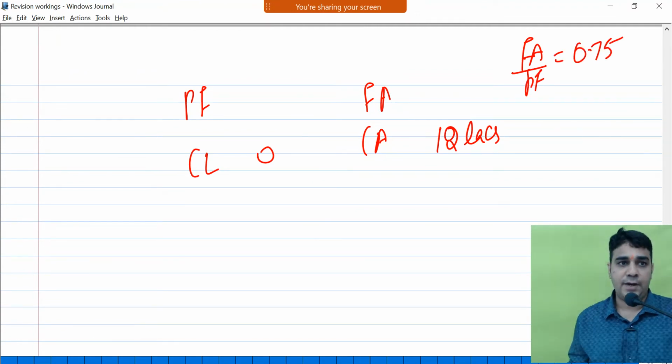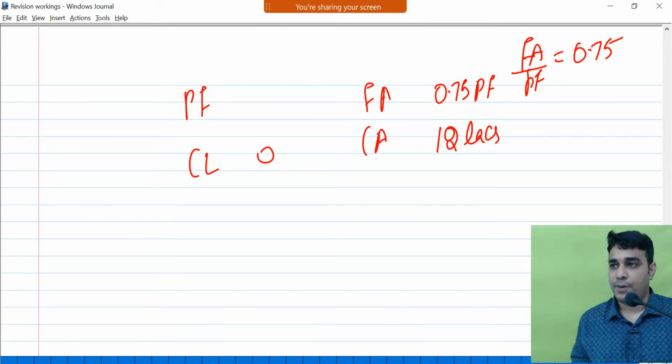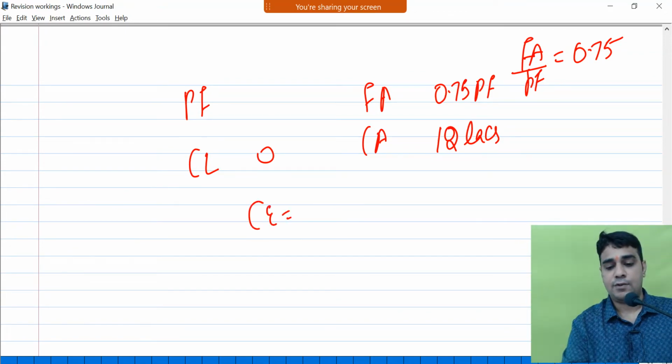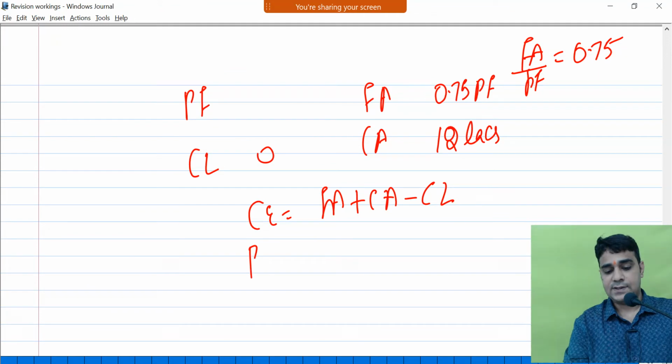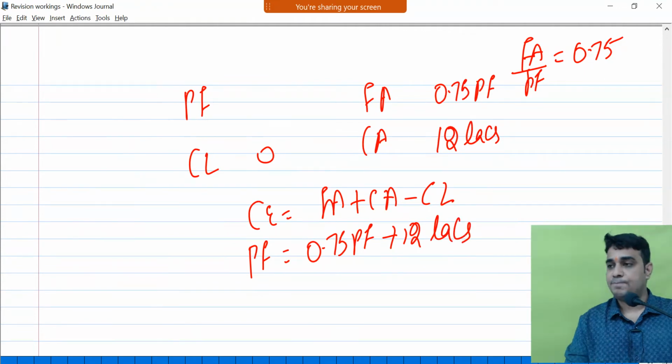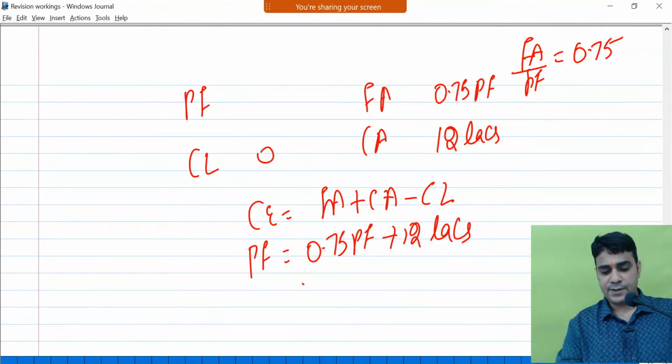So my fixed assets is 0.75 proprietor funds. Capital employed is equal to fixed assets plus current assets minus current liability. So proprietor funds is equal to 0.75 proprietor fund plus 12 lakhs. You will get to the proprietor funds now.